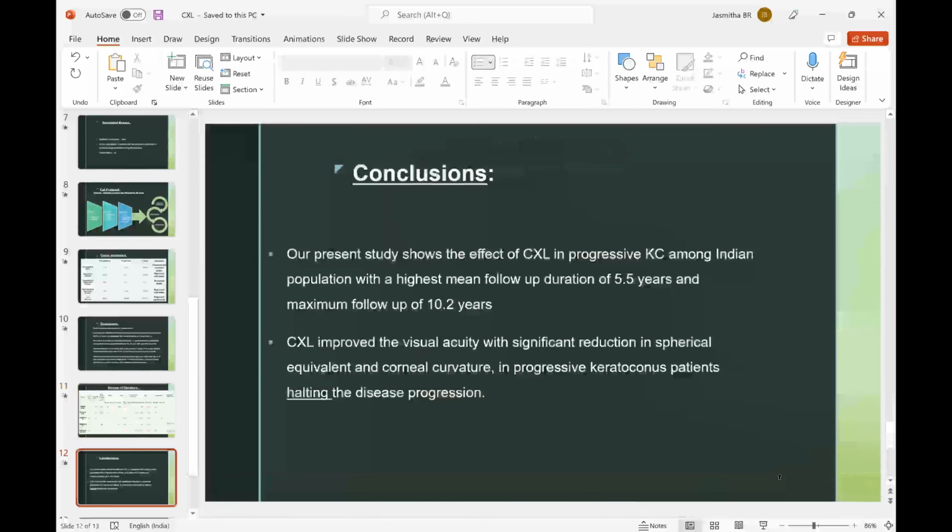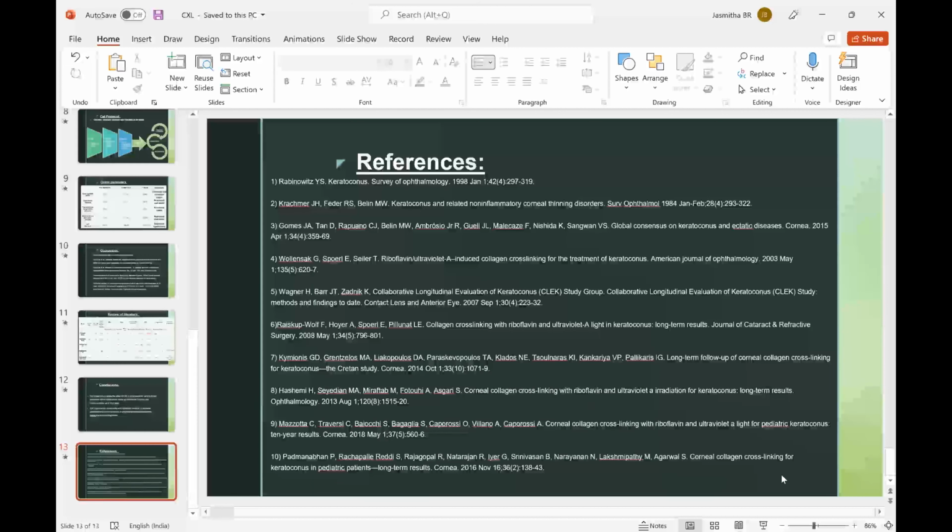So coming to the conclusion, our present study shows the effect of collagen cross-linking in progressive keratoconus among the Indian population, with the highest mean follow-up duration, a minimum of 5.5 years and maximum follow-up of up to 10.2 years. So cross-linking has improved the visual acuity with significant reduction in the spherical equivalent and corneal curvature in progressive keratoconus patients, halting the disease progression. Thank you, and these are my references.